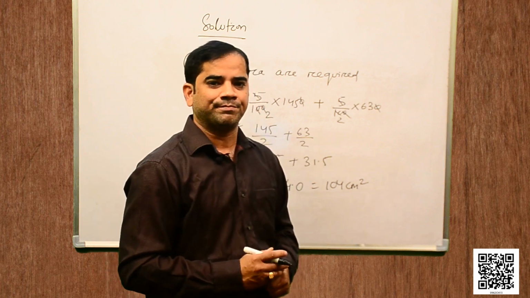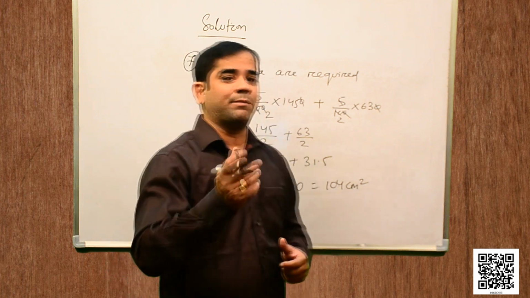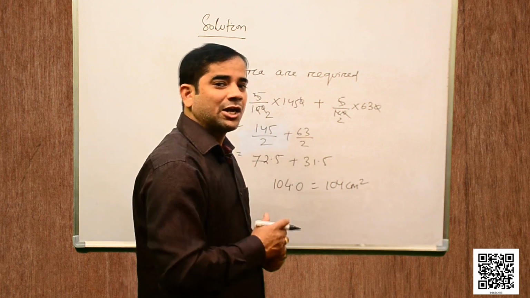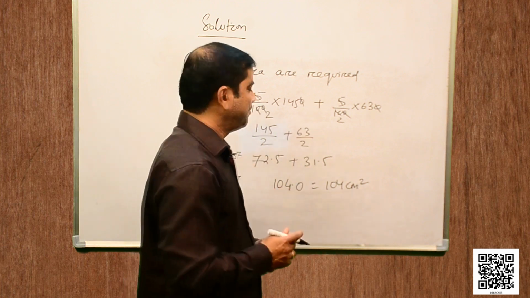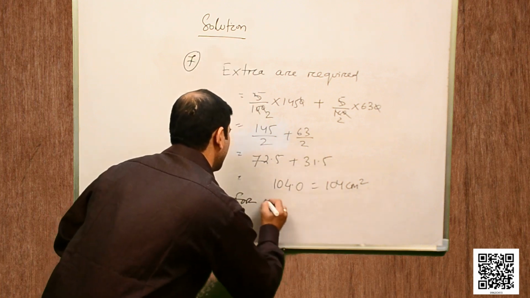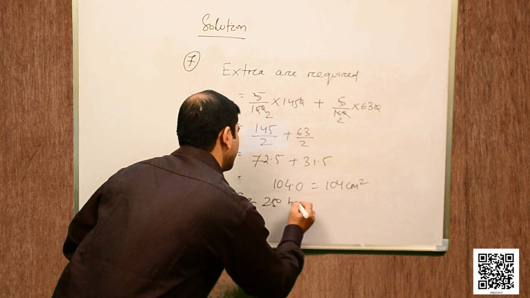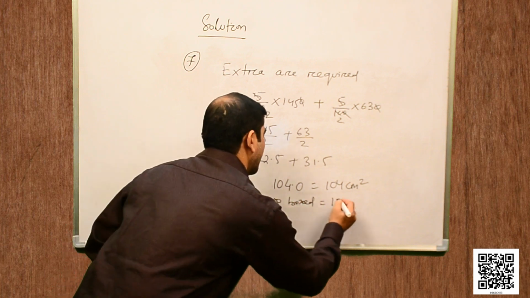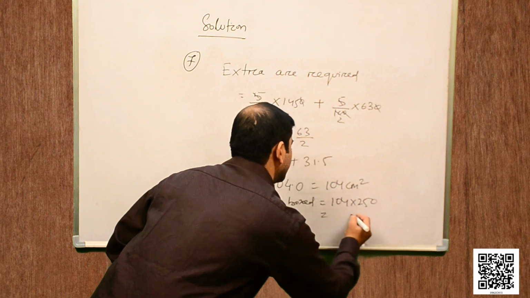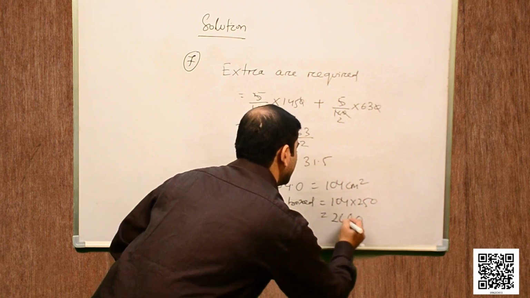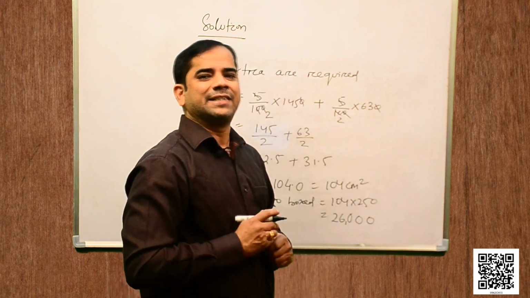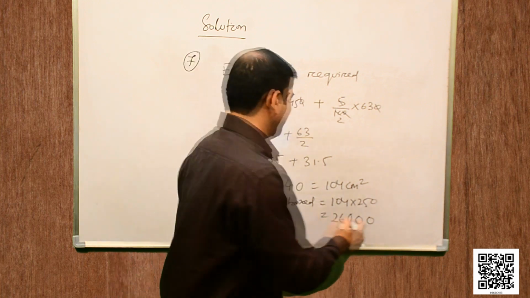Okay. So for 250 boxes, this is for one box. So for 250 boxes, what should be the area? It is 104 into 250, which is 26,000 centimeter square. Okay.